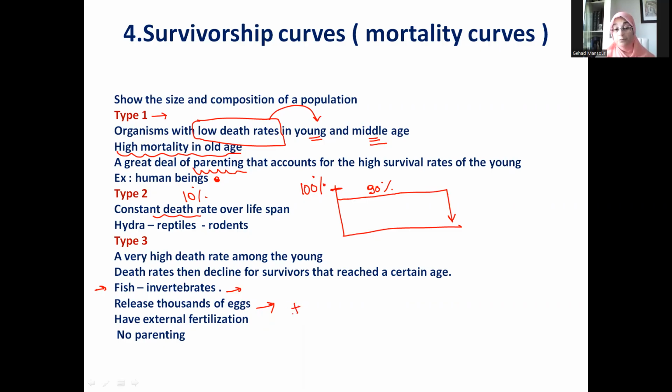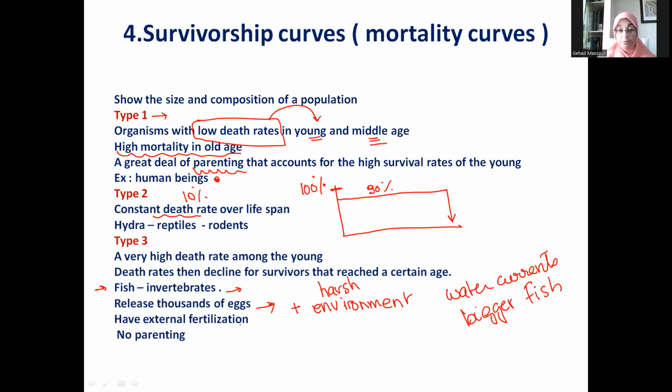In addition to the harsh environmental factors, for example, we might have water currents, or bigger fish that devour them. And then after this, the fertilization is external, meaning that there is no protection for the embryo.